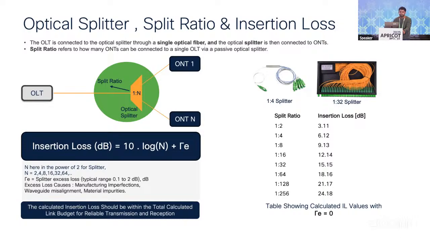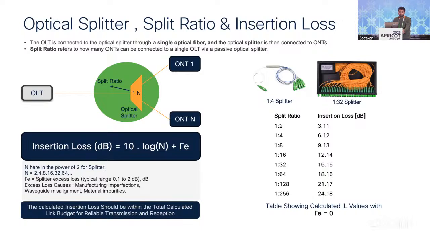The insertion loss here is calculated as 10 log n, where n is the number of splits you are performing on your optical splitter, plus a sigma E factor. Sigma E is the additional losses that occur, maybe because of manufacturing imperfections or waveguide misalignments.